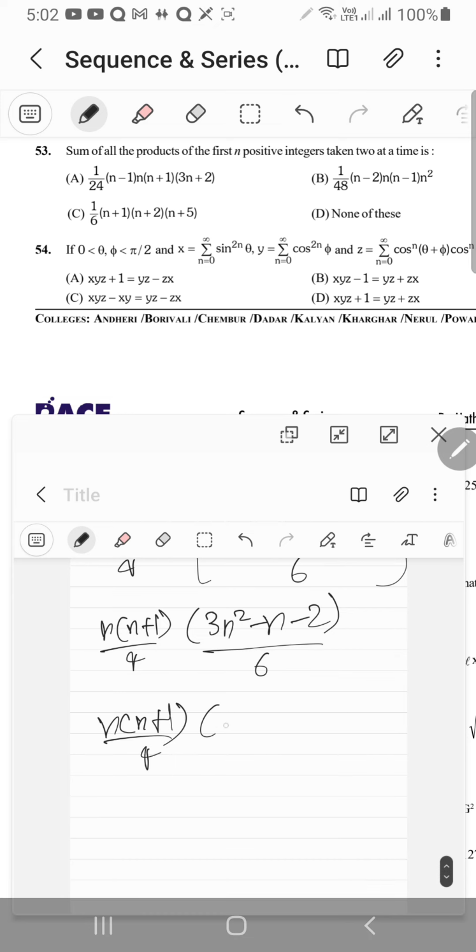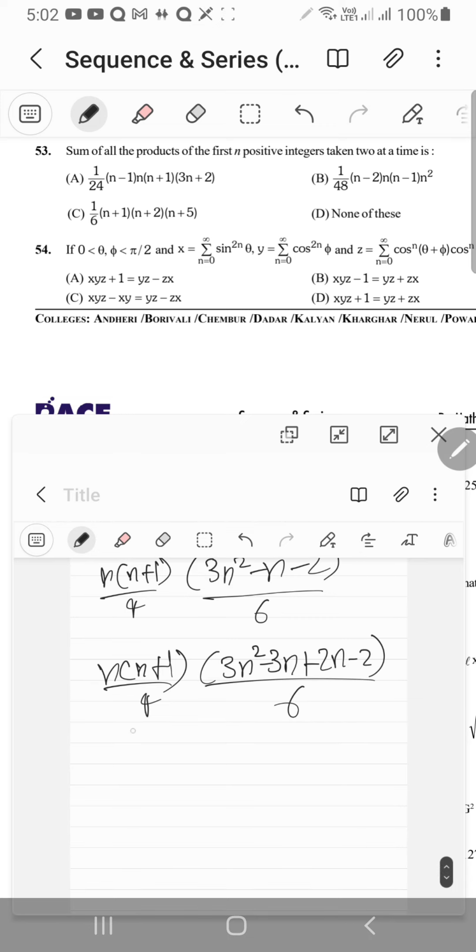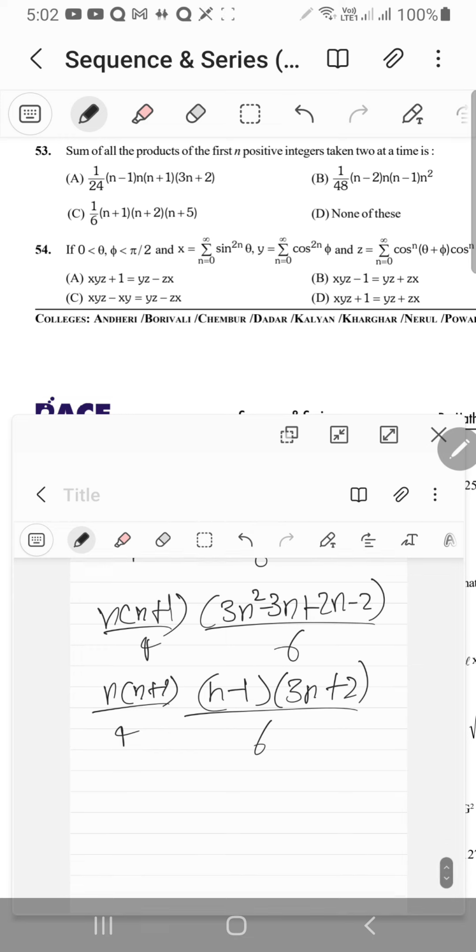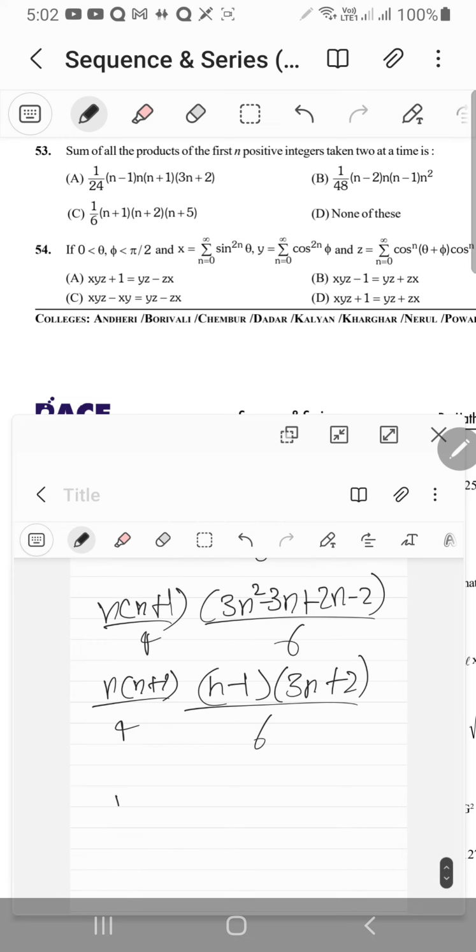Okay, 3n squared is like 3n squared minus 3n plus 2n minus 2 upon 6. I think this is going well. This will be written as n minus 1 into 3n plus 2 upon 6. Got it. So it's n minus 1 into n plus 1 into 3n plus 2 upon 24.